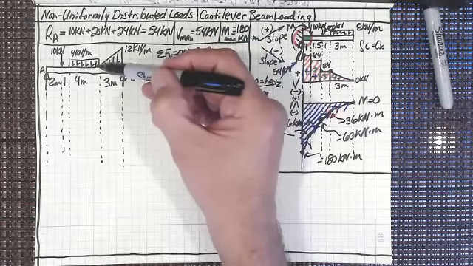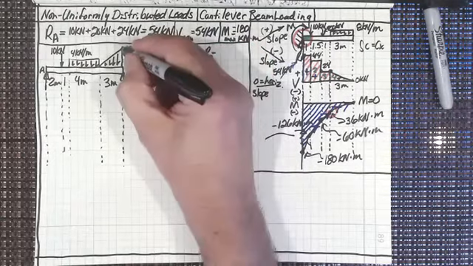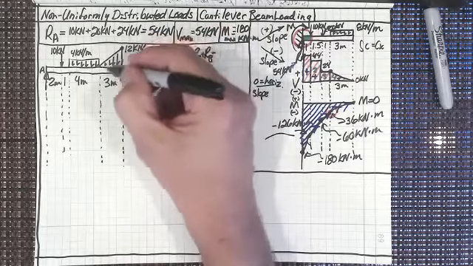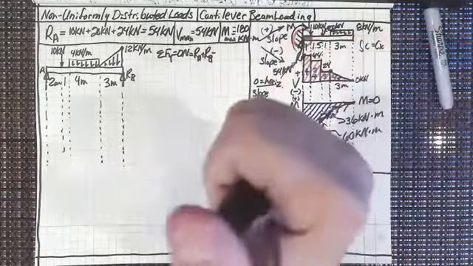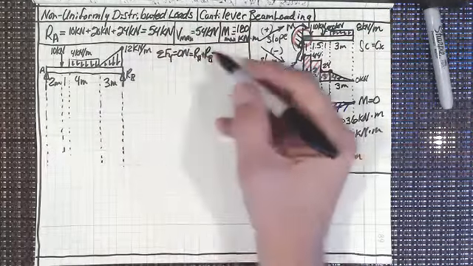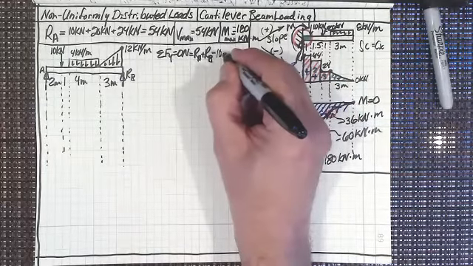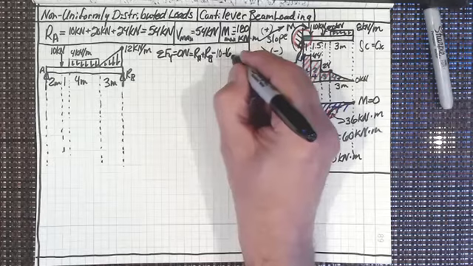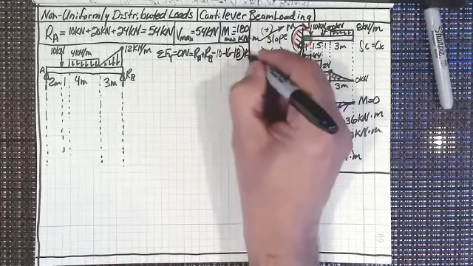Right, so I've got 0 here and I've got 12 here. Our peak, like I say, is 12, but what is the area of a triangle? Isn't it 1/2 a times b? So 3 times 12, 36 divided by 2 gives me 18. So I've got minus 10, minus 16, minus 18 kilonewtons.